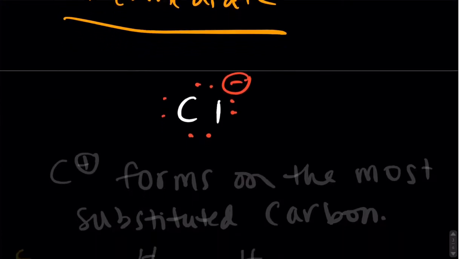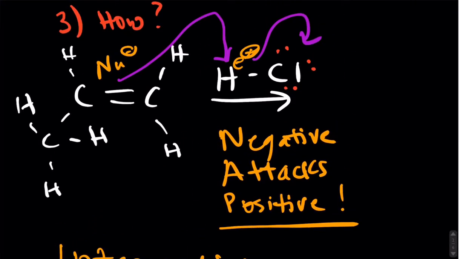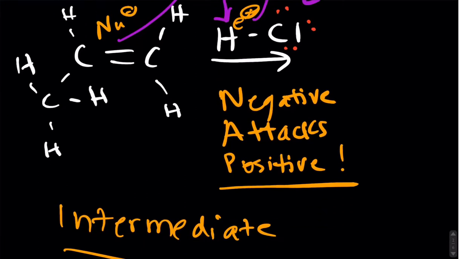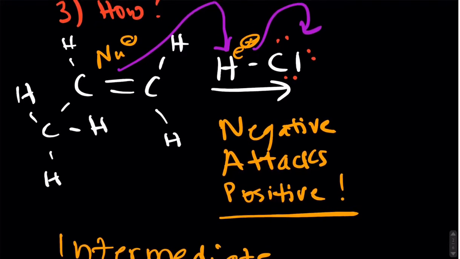The more complicated of our intermediates is going to be what happened over here. So when we break this double bond, what is that going to do?